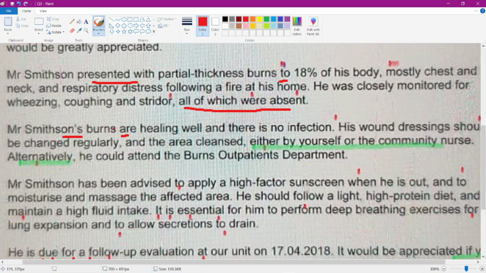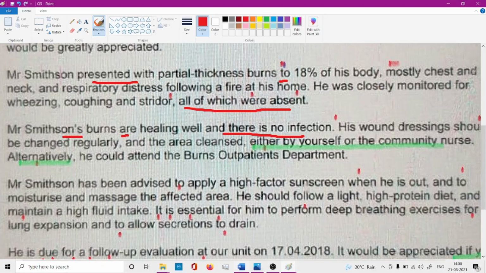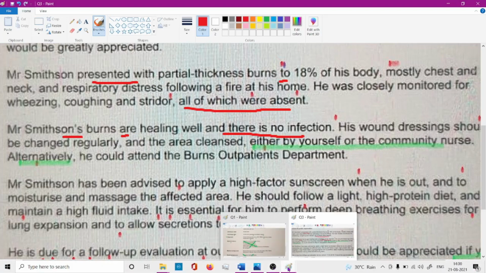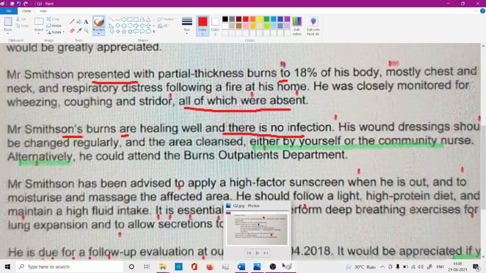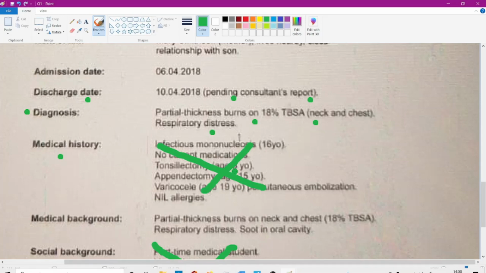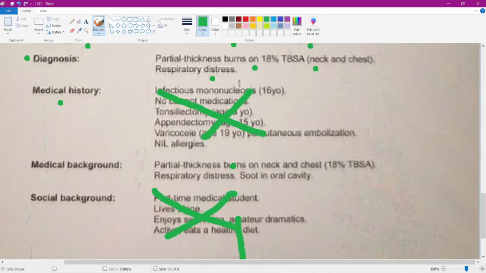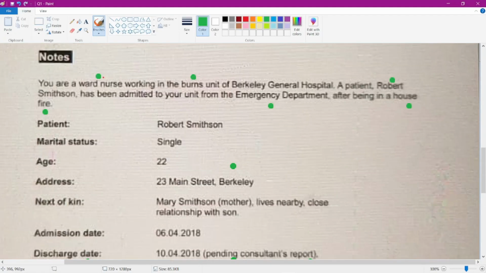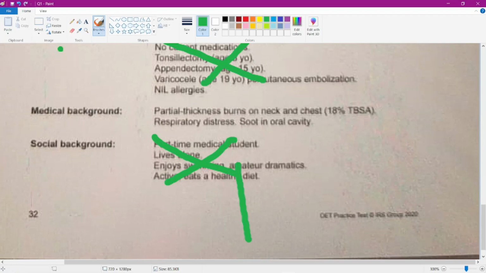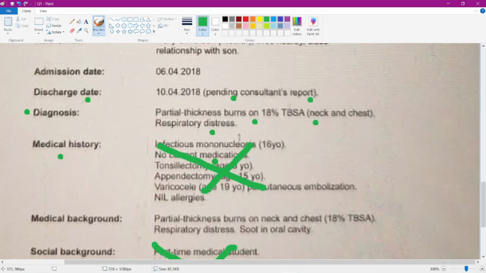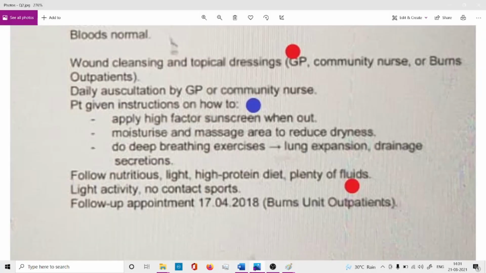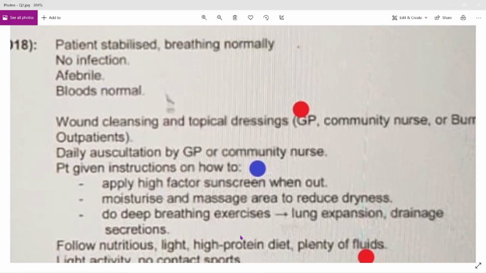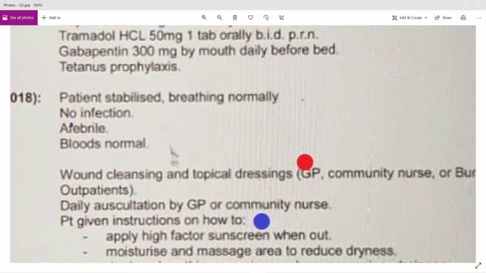So it's healing well, and there is no infection. This no infection they have taken.